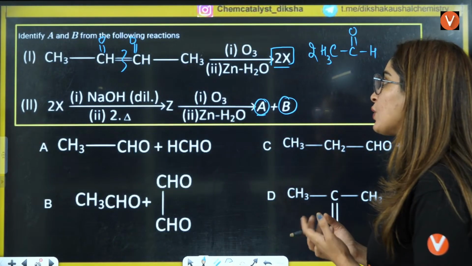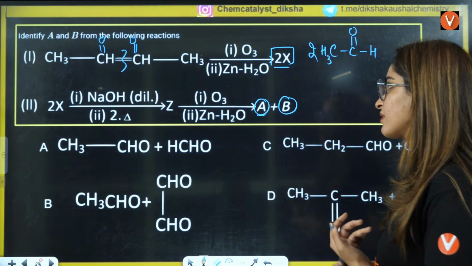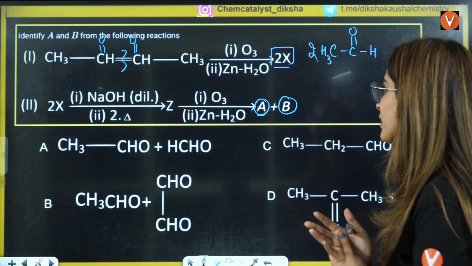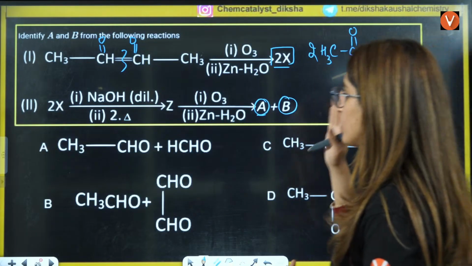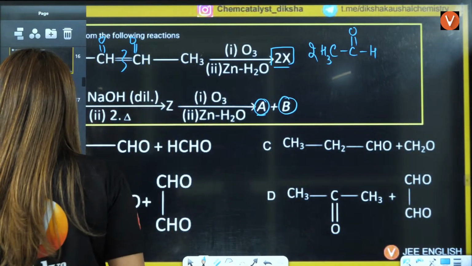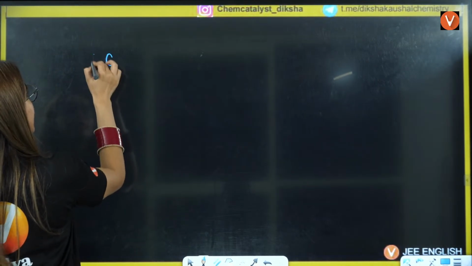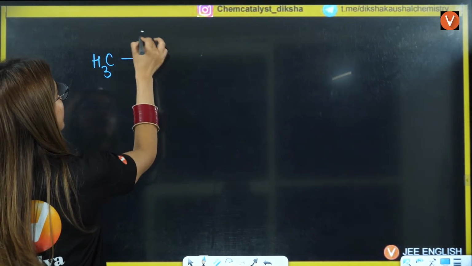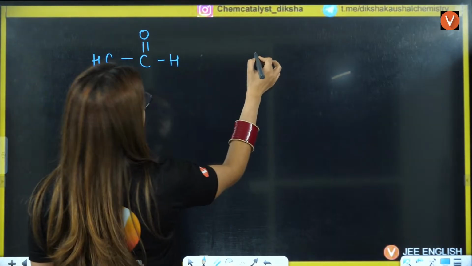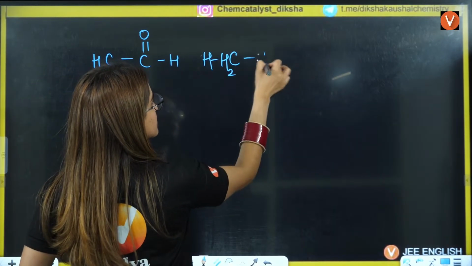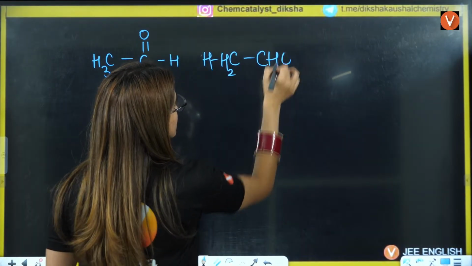Now after that you add NaOH. This has alpha hydrogen, so you do aldol condensation, then again you add ozonolysis. In this case you have CH3, C double bond O, H, and CH2H. Just a way of writing has changed, right?